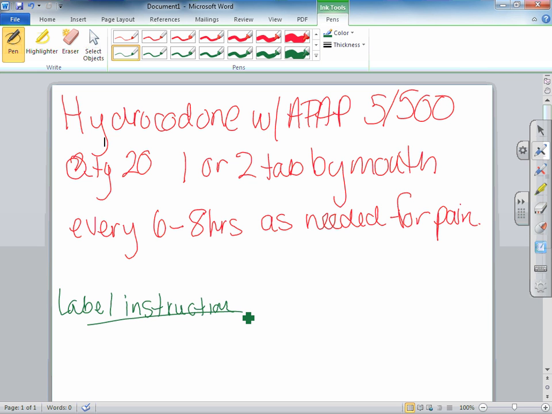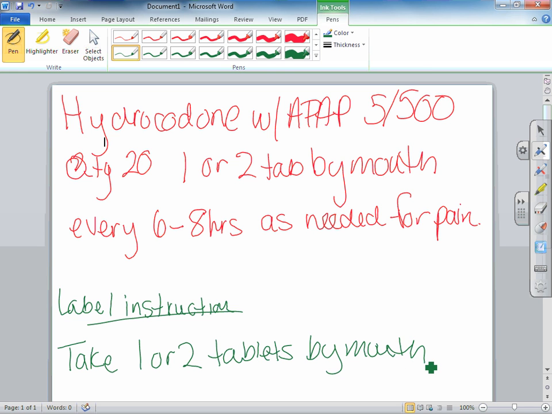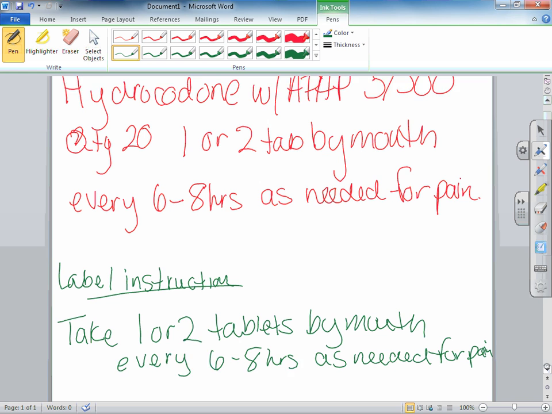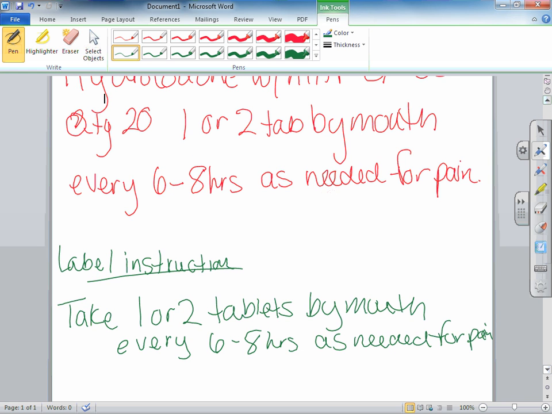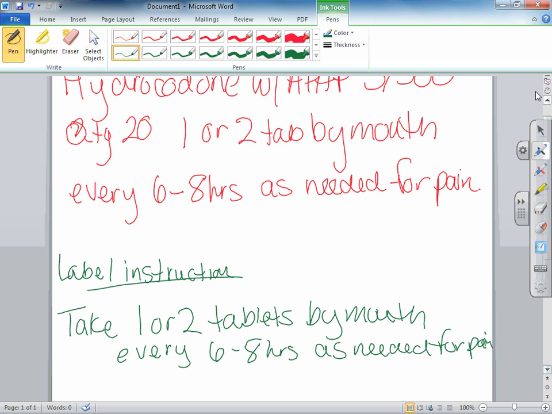You will translate that label instruction to read, take 1 or 2 tablets by mouth every 6 to 8 hours as needed for pain.